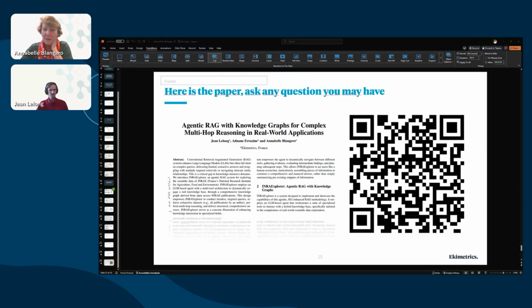Another question: how did you build the text to Cypher model? You give context from the knowledge graph to the LLM. So the text to Cypher is mostly from the LLM that does the Cypher query.